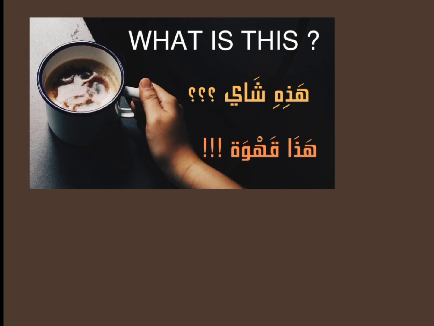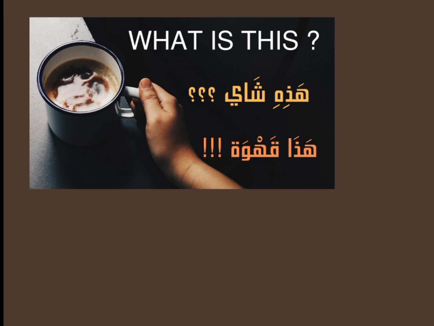Now, let's look together at the lesson's picture. If I told you that شاي is a masculine word, شاي means tea. And if I told you that قهوة is a feminine word, قهوة means coffee. So شاي is a masculine word, so we can't use هذه. We will use هذا. هذا شاي.